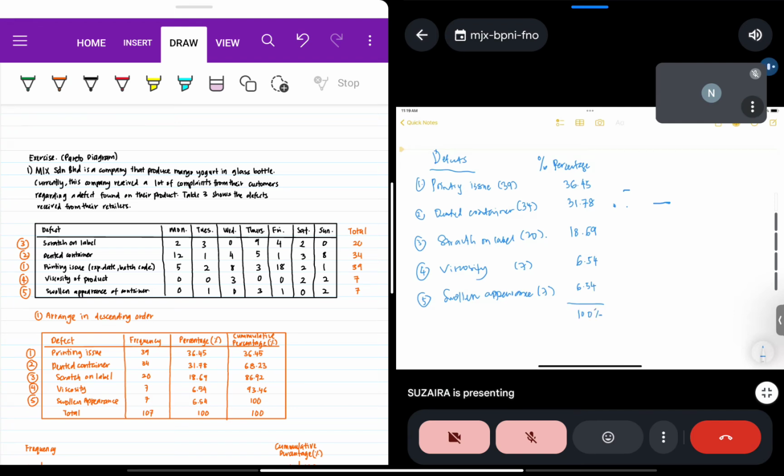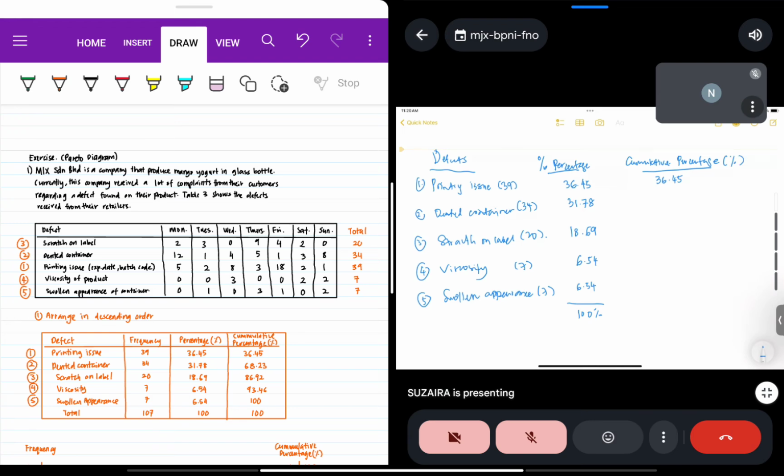Okay, now we have to calculate the cumulative percentage. So when you have the cumulative percentage, for the first one, you'll have 36.45. Okay.